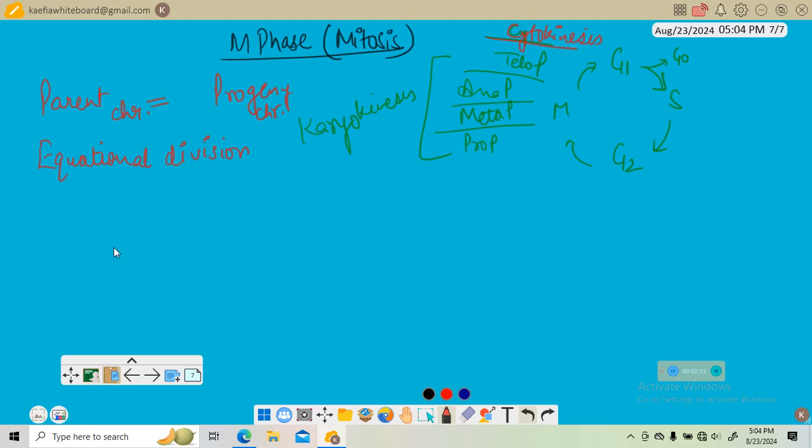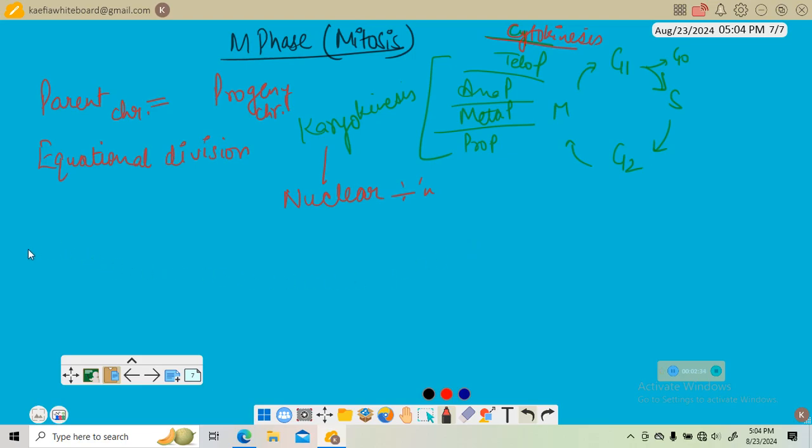Okay, so mitosis has 4 stages: prophase, metaphase, anaphase, and telophase. All these together constitute karyokinesis. Karyokinesis is basically what? Nuclear division, or division of the nucleus.